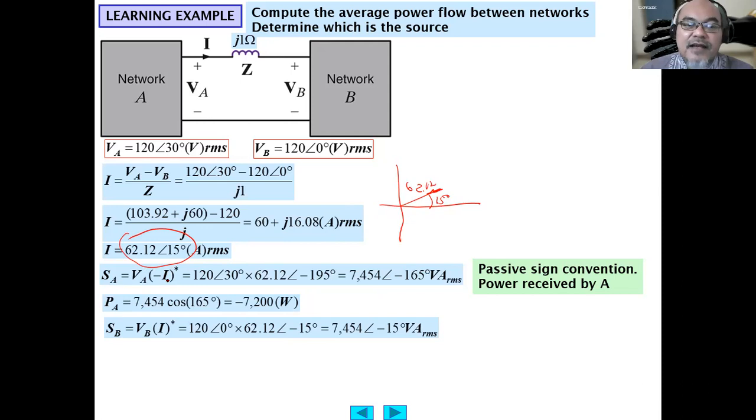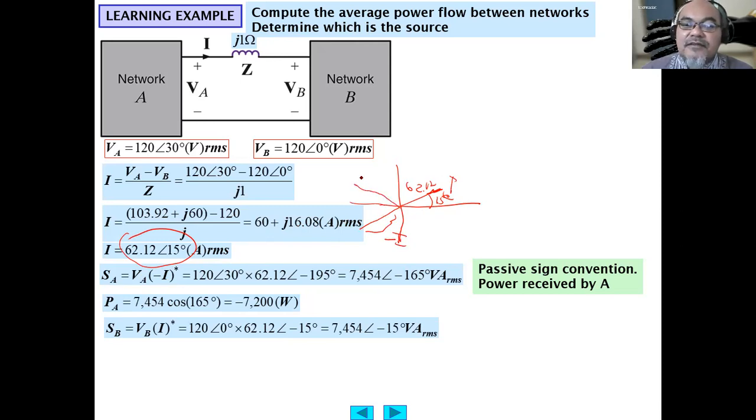Since it is minus I here, this is I and this is minus I. Then for minus I conjugate, you reflect toward the x-axis.